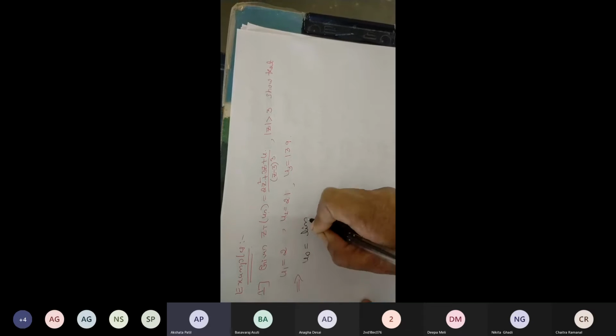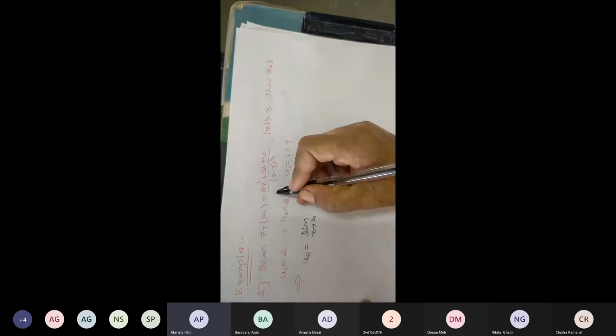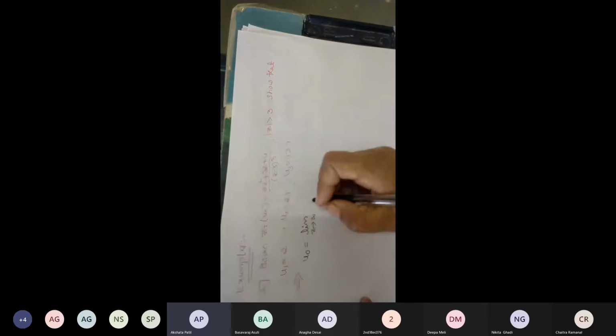Now let us solve this example. First we can write u naught. We use the initial value theorem. Using the initial value theorem, u naught is equal to what? Limit z tends to infinity of u bar of z.